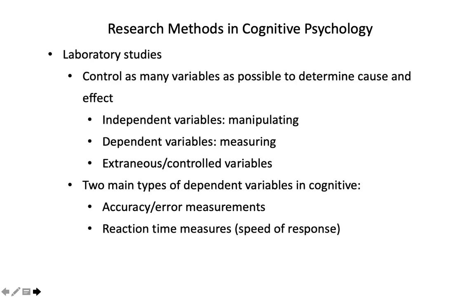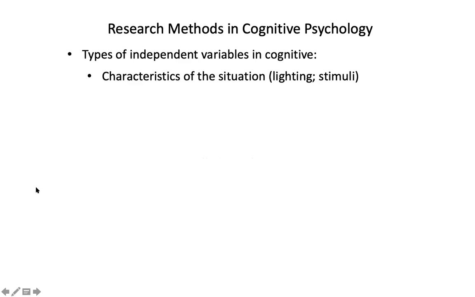And then, regarding independent variables, there are also some common kinds that tend to be more popular in cognitive psychology. For example, we have characteristics of the situation. These could be elements like the lighting in the room, the temperature of the room, the noise level.